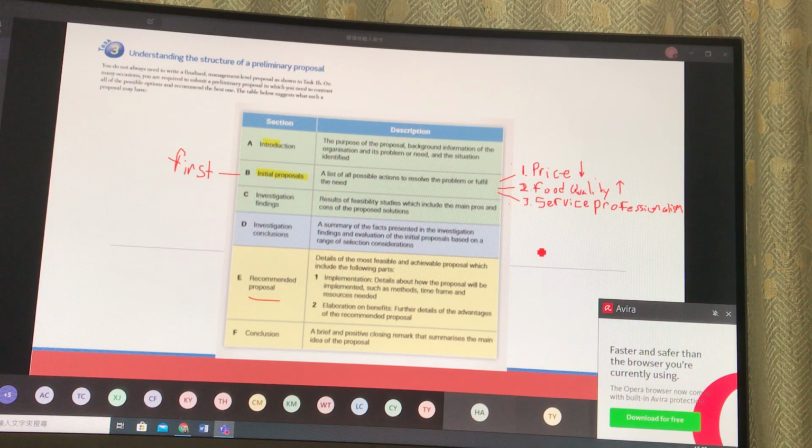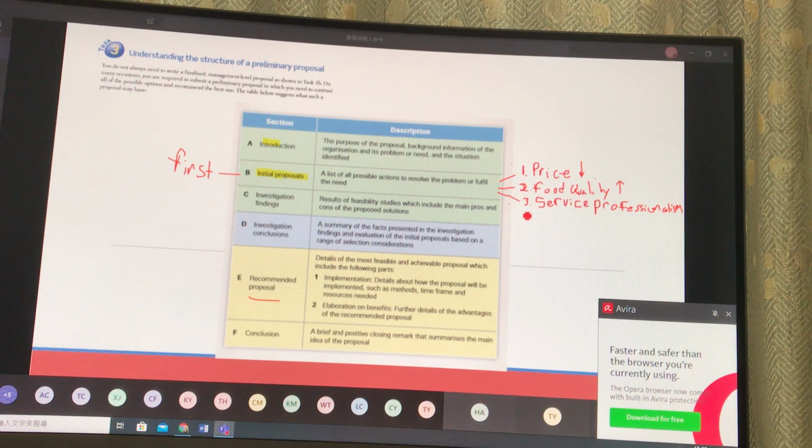So let's say we look into it and we say, well, actually the price is already quite low. It's cheaper than all of the restaurants in Mayfair Garden, and there's not really any way we can make the price lower. If we want to improve the food quality, maybe we could do that, right? There's some steps we could take to make the food better quality, including using fresher ingredients and stuff like that.